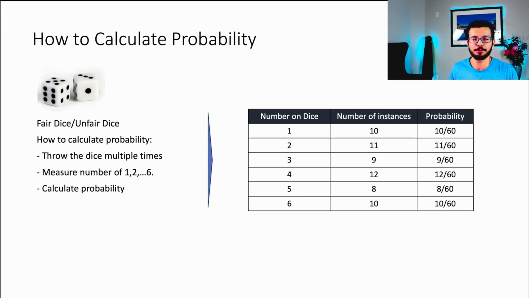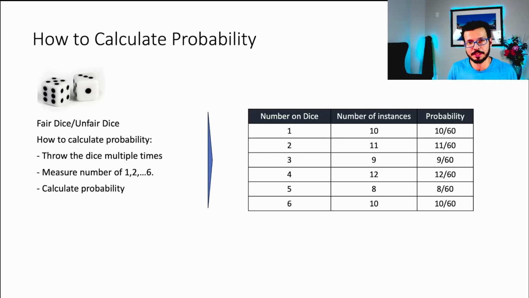So let's say that you throw the dice 60 times. Now that you have thrown the dice 60 times, you observe it and tabulate it, which is there on the right hand side. So the number of instances, let's say, for 1 is 10. The number of instances for 2 is 11. The number of instances for 3 is 9, and so on. So this way, you tabulate the data and now you want to calculate the probability.